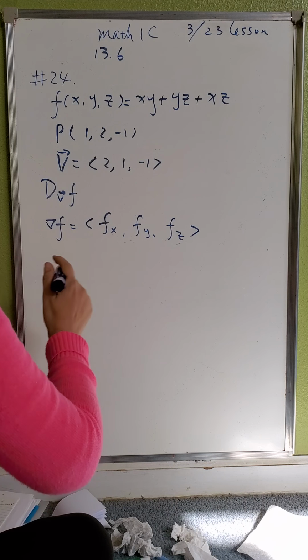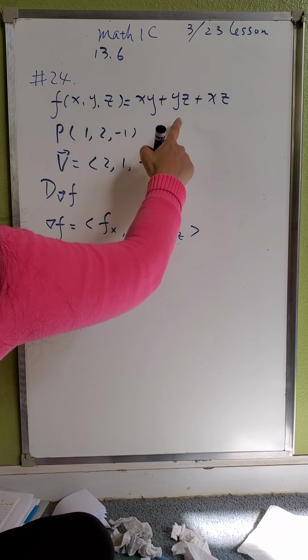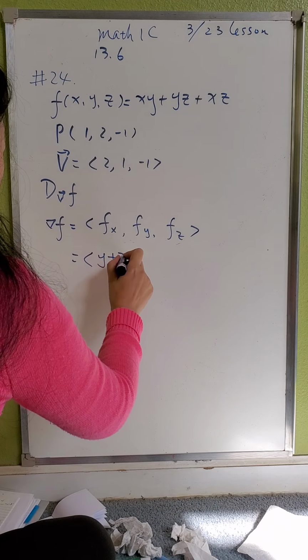Probably not. So f sub x is a y here plus z, since there's no x. f sub y is x plus z. f sub z is equal to y plus x. And we put the point inside. The first is y plus z, so it's a 0.